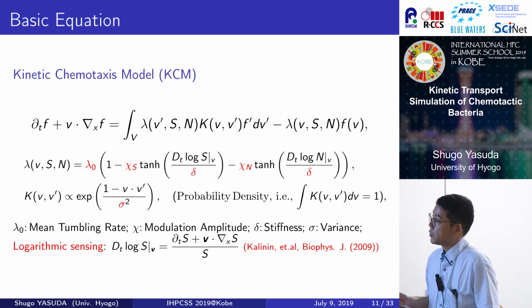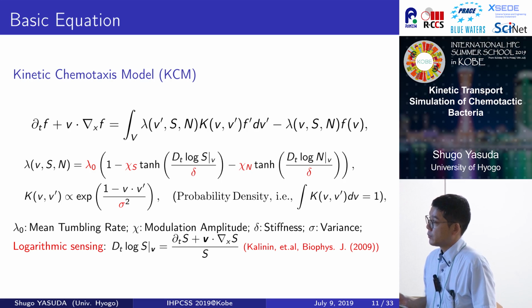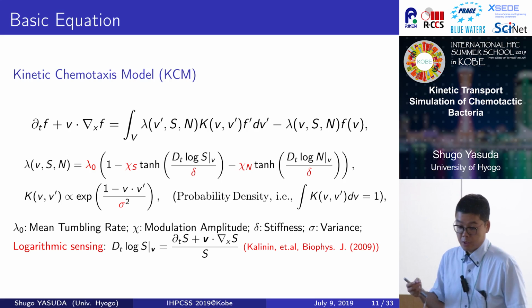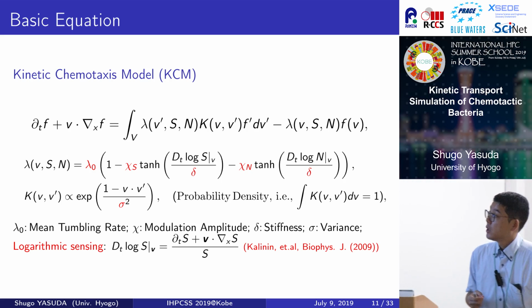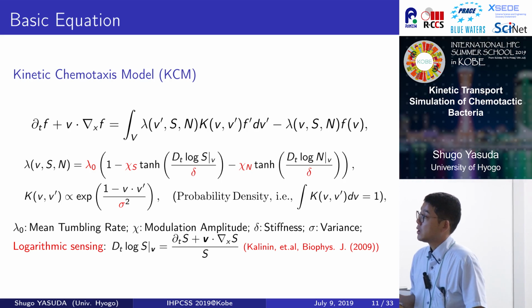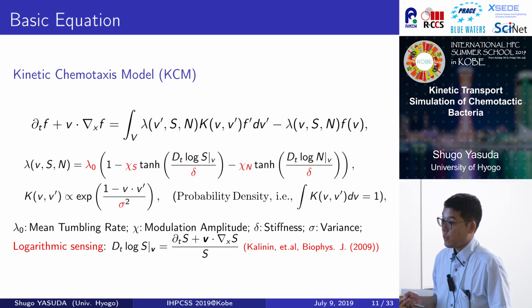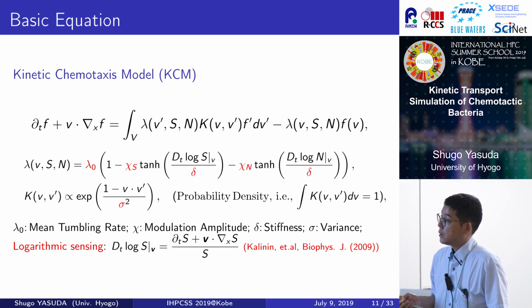It just depends on the pre-tumbling velocity v prime. And this tumbling rate depends on the chemical concentration field. And K describes the probability for changing velocity from v prime to v. And lambda times K is the scattering kernel in this kinetic model.